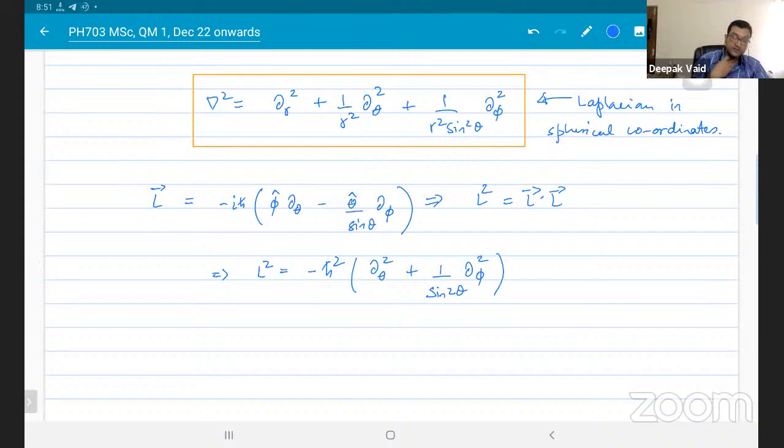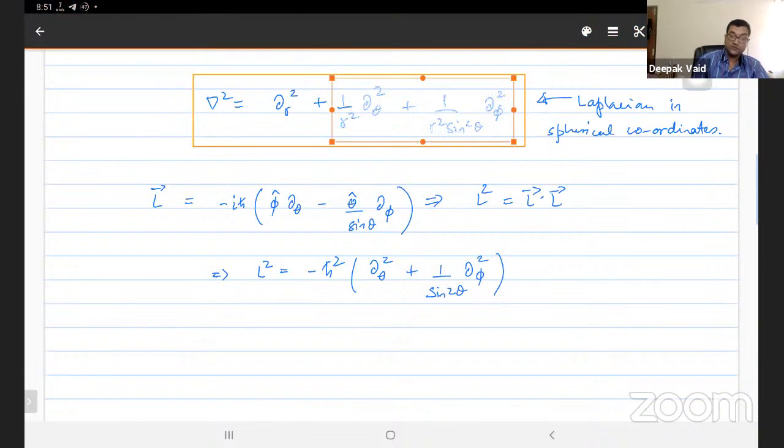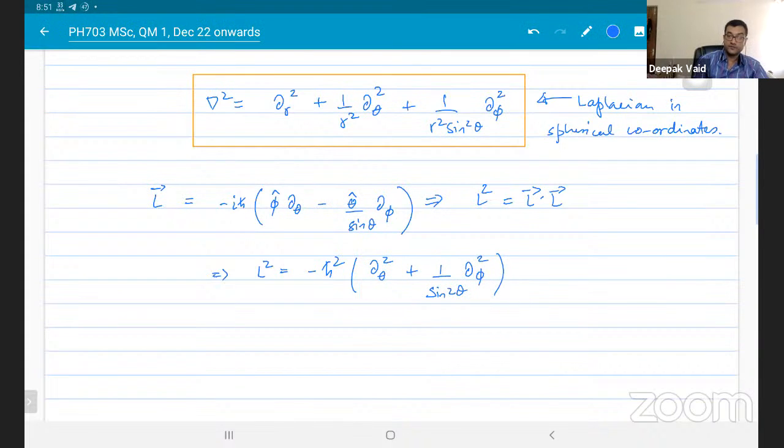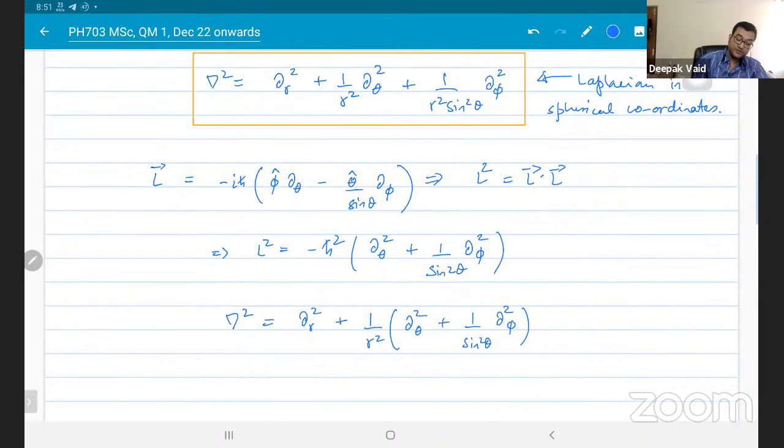Okay. But now if you look at this expression for the Laplacian here, and you look at this L squared term, you can see that basically this angular part of the Laplacian is the same as the L squared term. Right? So now the Laplacian in spherical coordinates can be written like this: dou r squared plus 1 by r squared dou theta squared plus 1 by r squared sin squared theta dou phi squared.